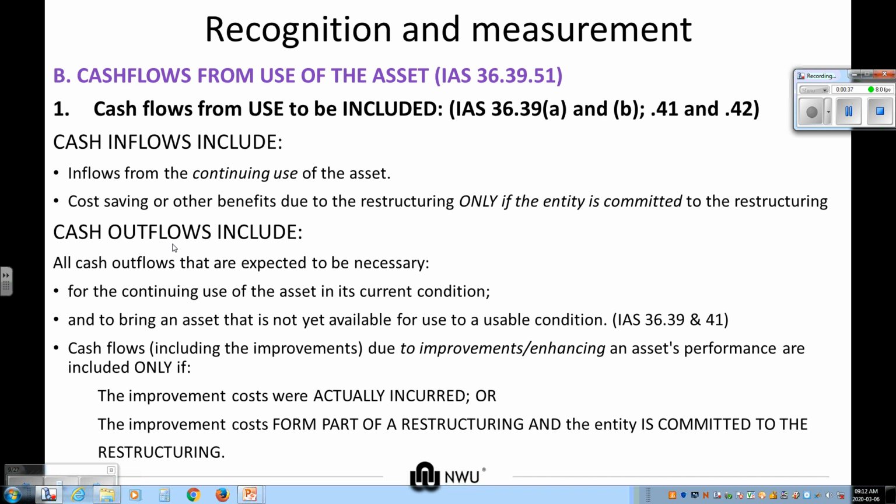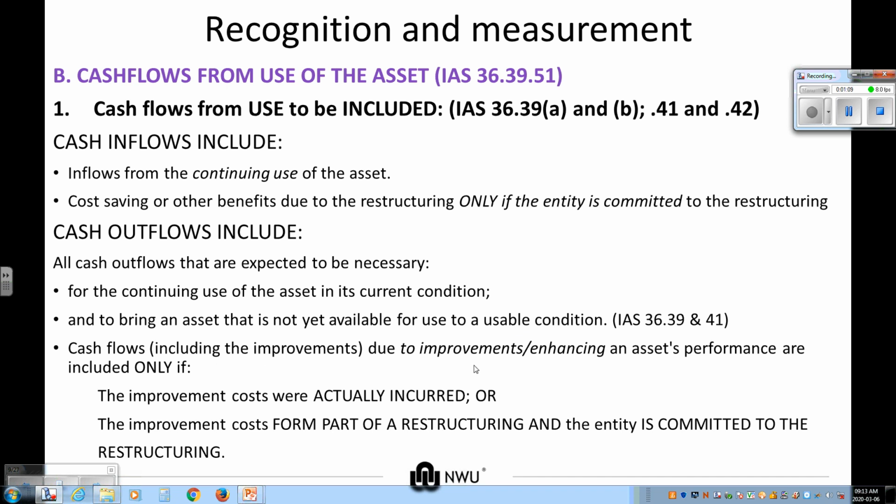Cash outflows will include the cash outflows necessary for the continuing use of the asset. So for example, if we are using water and electricity to be able to use the asset, then that will be an indirect cost, but it is directly associated with the asset and necessary for the asset to be used, or to bring an asset that is not yet available for use into a usable condition.